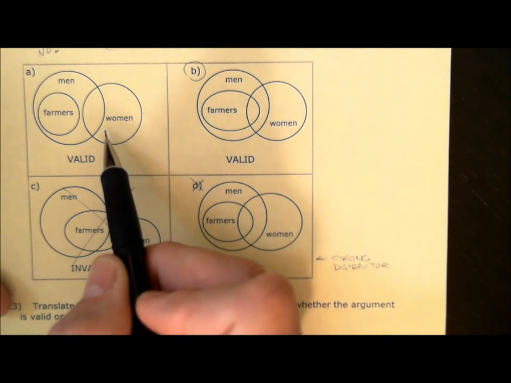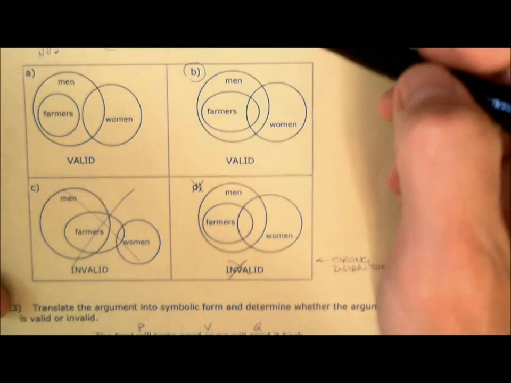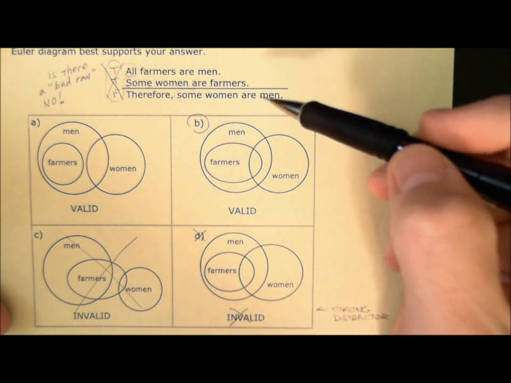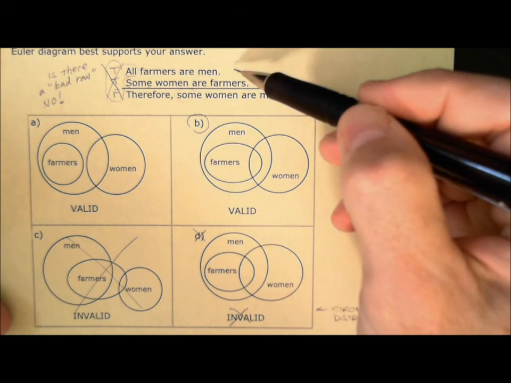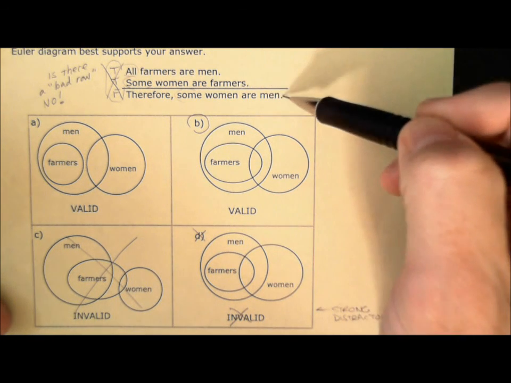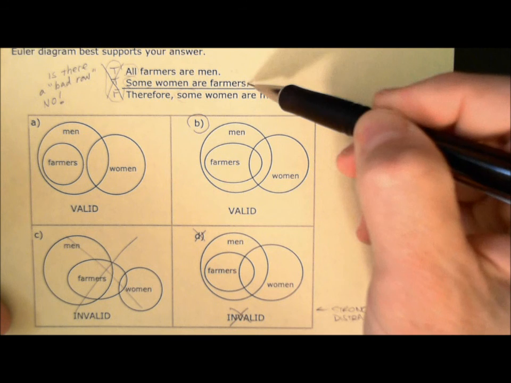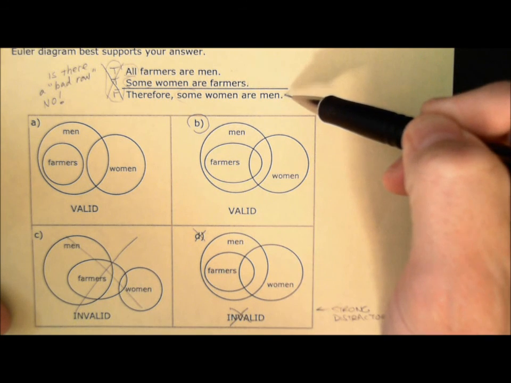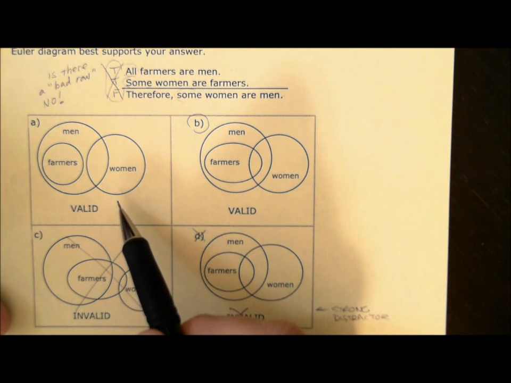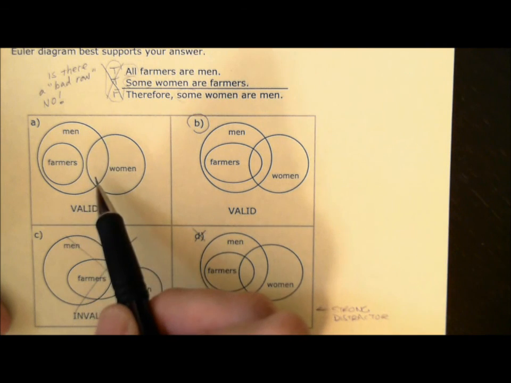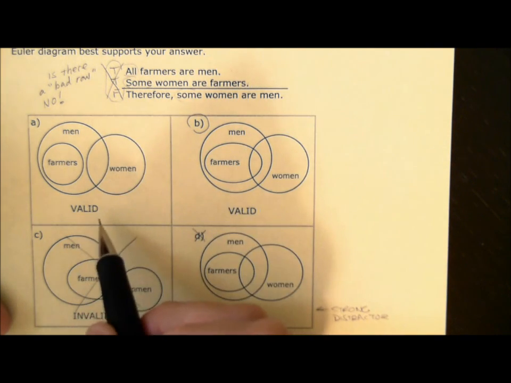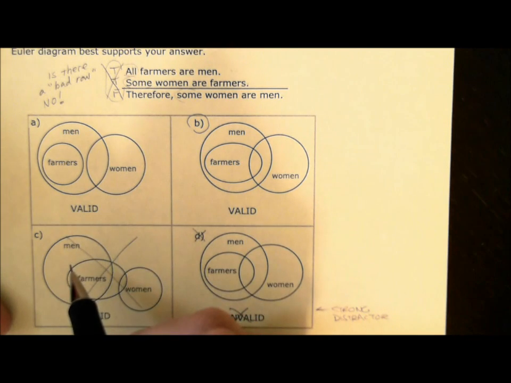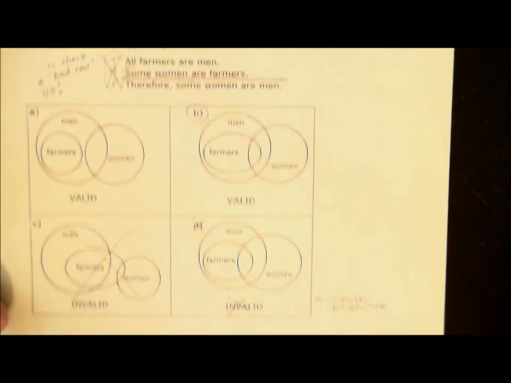And this answer just doesn't work because, for example, it doesn't satisfy this. If you're showing an argument's valid, you show that no matter what happens, if these are true, this must be true. That when you make these true, you cannot avoid making this true. Well, this person hasn't even checked because the second premise, some women are farmers, isn't true here. So this can't be supporting a valid determination of the argument.